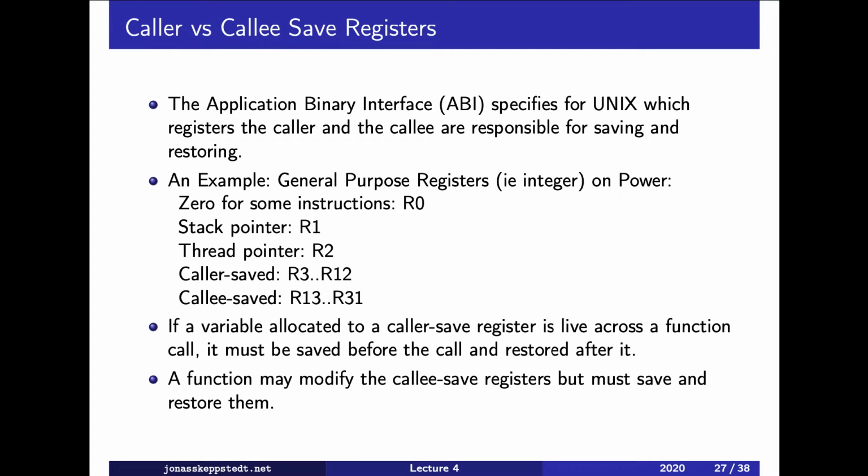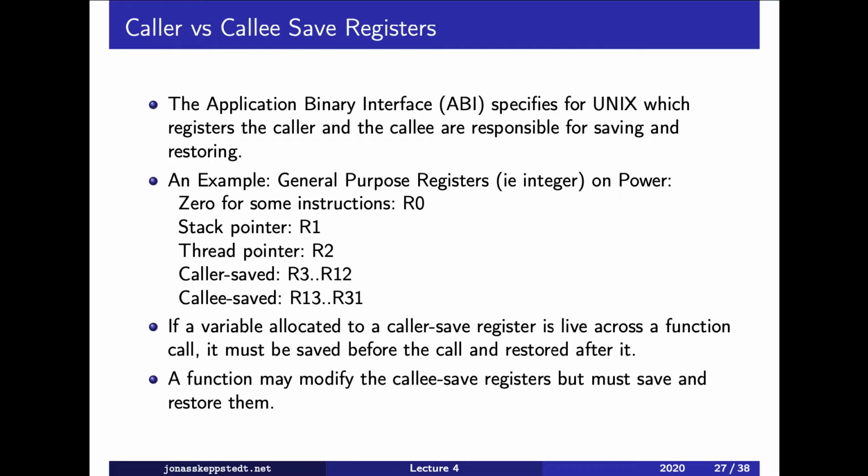So for example, on Power, we can start with the stack pointer. It's R1, thread pointer R2, and then caller saved registers. A caller saved register is a register which the caller, I mean the function which makes the function call, must save before making the call.